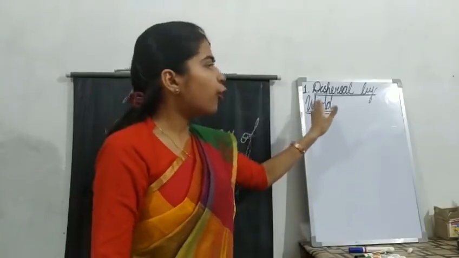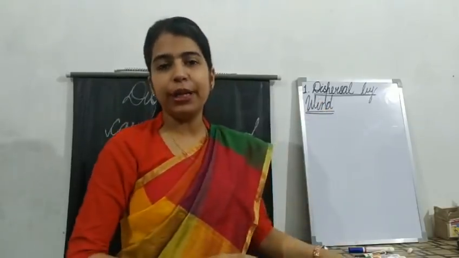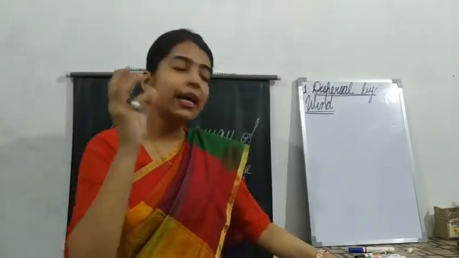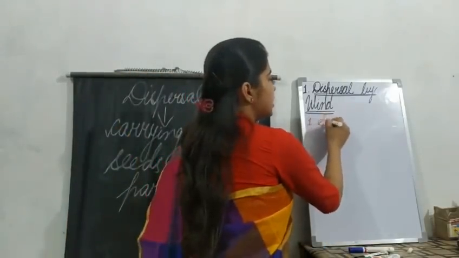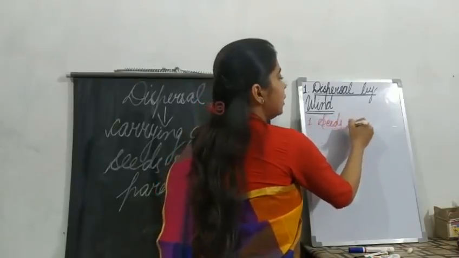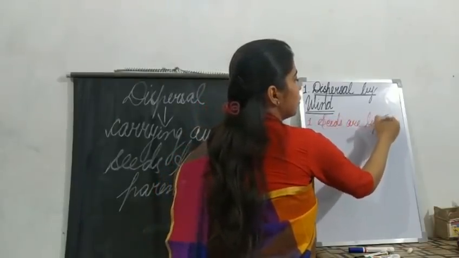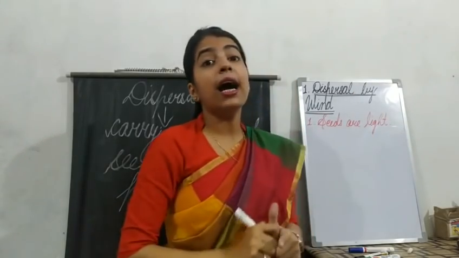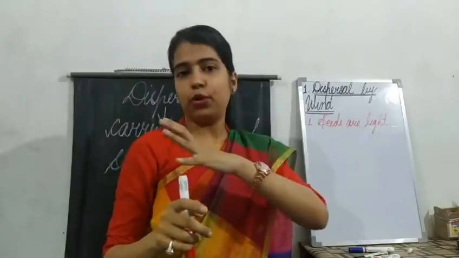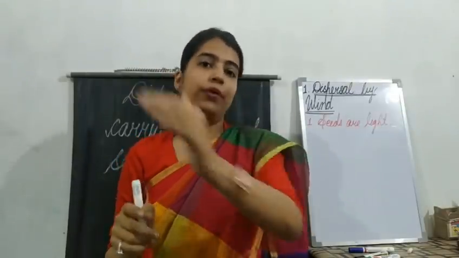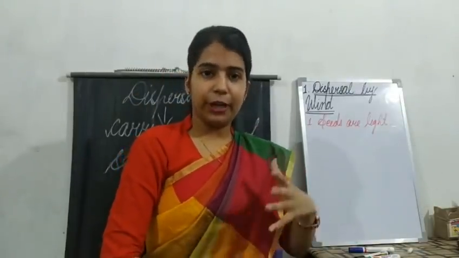Here also, for the seeds to be carried by wind, they need to be very light. The first feature for dispersal is that seeds are very light. So what happens when strong wind blows, the seeds will be carried away with the wind.